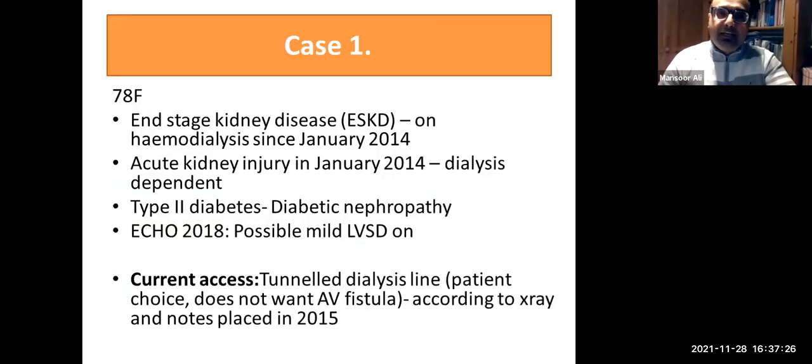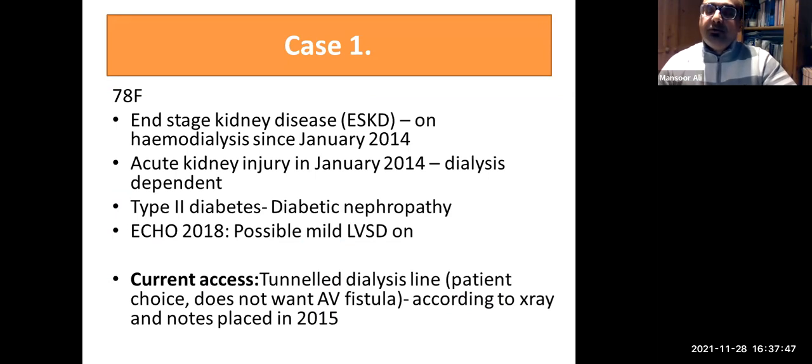Okay, so talking about this case: a 78-year-old female who had end-stage kidney disease and has been on hemodialysis since January 2014. She had acute kidney injury in January 2014, well, acute on chronic impairment, and she ended up on dialysis and became dialysis dependent. Her past medical history was type 2 diabetes and diabetic nephropathy.